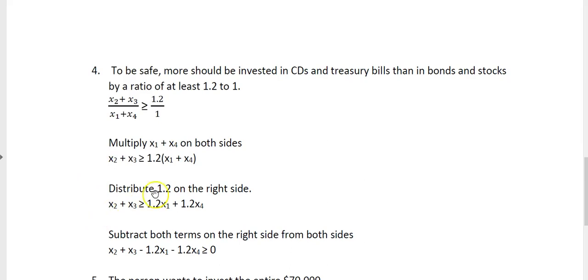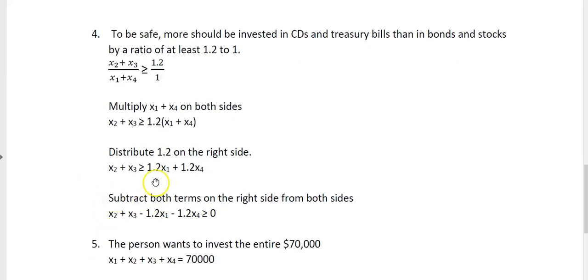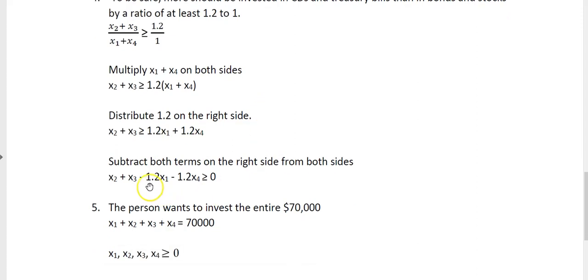Now we're going to distribute this 1.2 on the right side to both the terms. Now we're going to subtract the 1.2 X1 on both sides, subtract 1.2 X4 on both sides. That'll give us 0 on the right side, and that will make them negative on the left side with the X2 plus X3 that were already there.